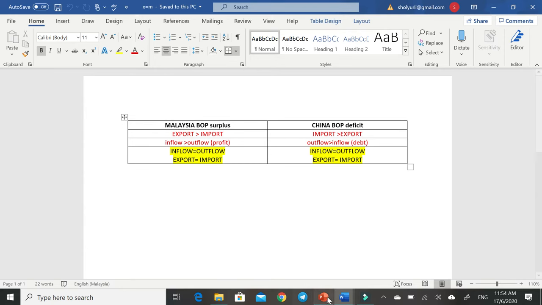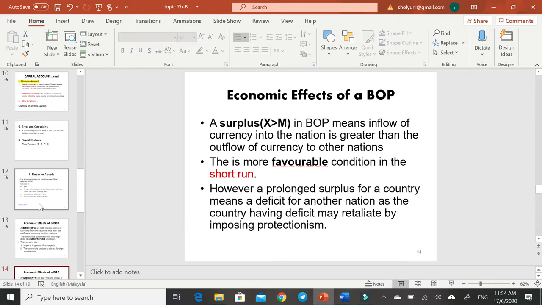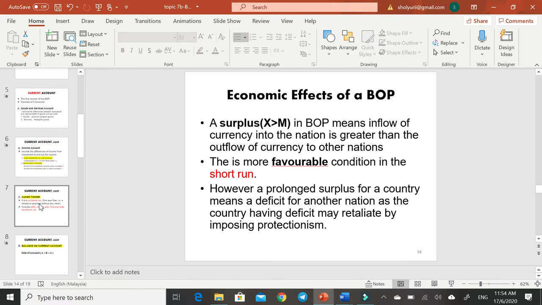Okay, sebab itulah kat sini dia explain a prolonged surplus of a country means a deficit for another nation, as the country having deficit may retaliate by imposing protectionism, and they have lots of protectionism tools, for example tariff, embargo, and paling worst sekali dia boleh buat, ban lah, ban.